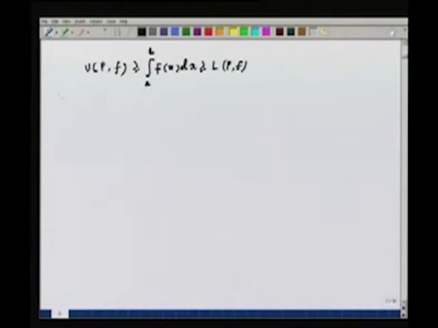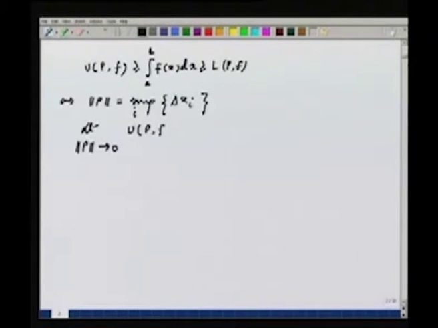Now as norm of P, if I take it to be the supremum over i of delta x_i, and then take the limit as norm P goes to 0, it can be shown that the limit of U(P, f) is the same as the limit of L(P, f).